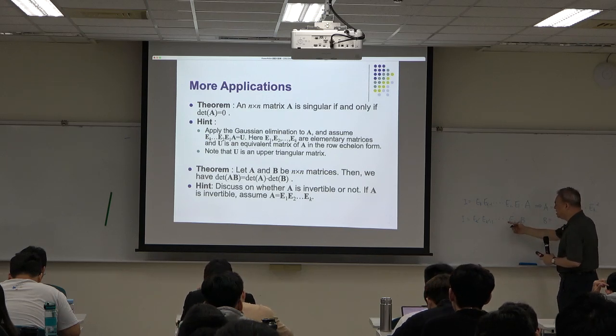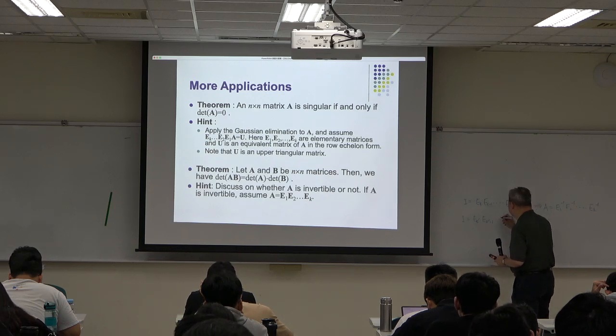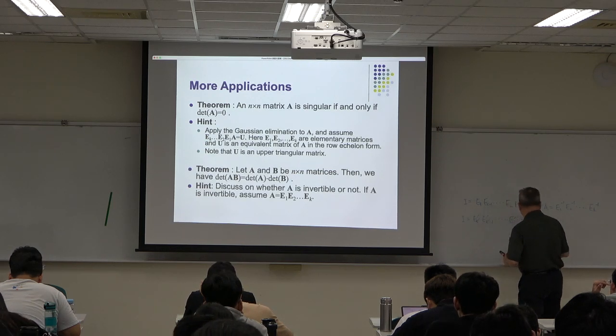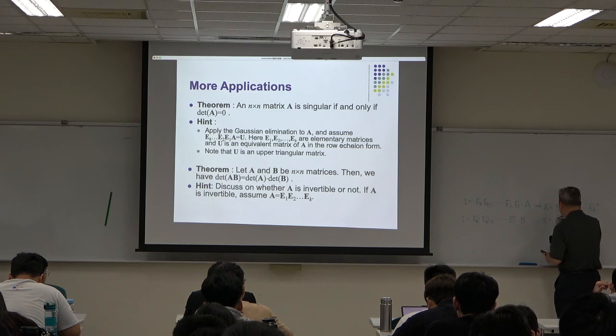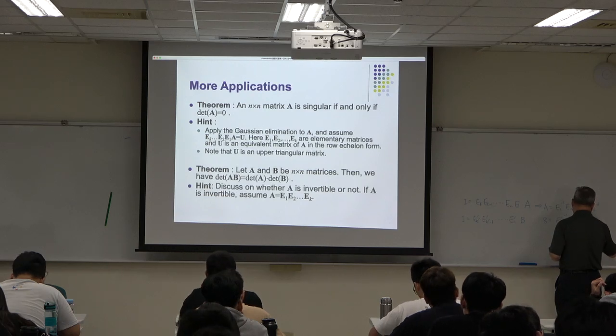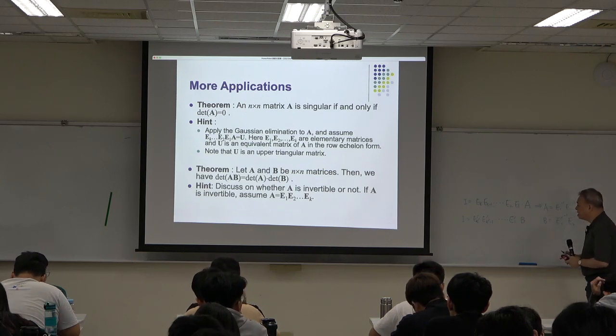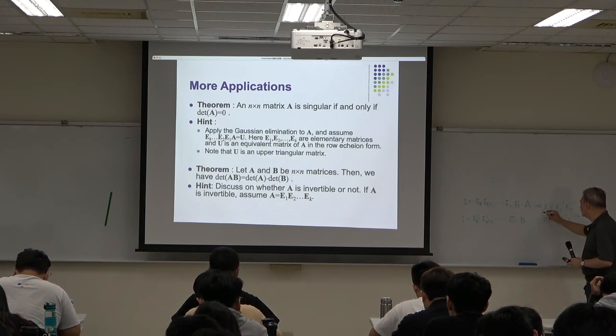Similarly, they are different. Oh, I probably should use prime here. E1 prime negative 1, E2 prime negative 1, up to EK prime negative 1. I can write them like this.